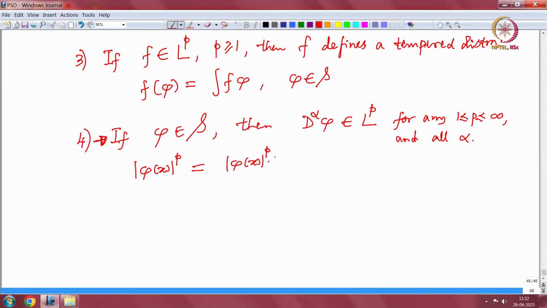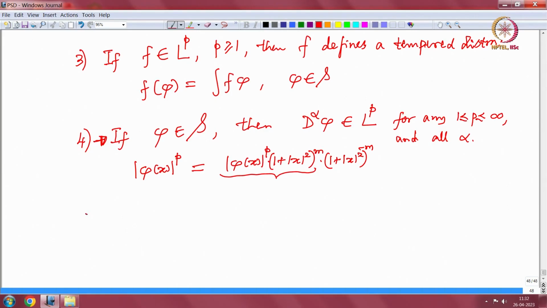So, I multiply this by the polynomial, 1 plus mod x square to the m, and also the minus m. Okay. And since phi is in Schwarz space, this supremum is a bounded function for any m. For any m, I can do that. Okay.